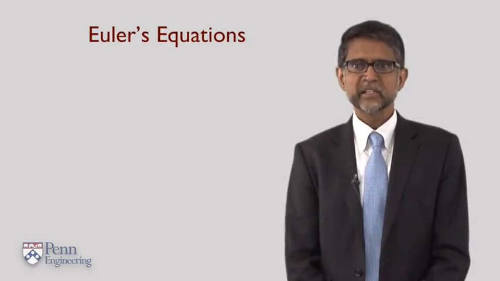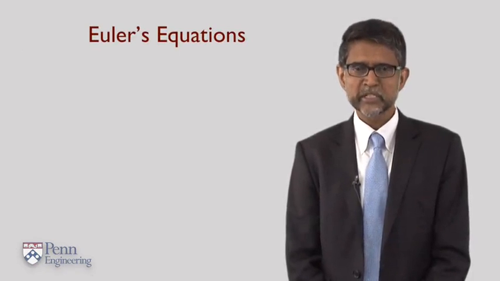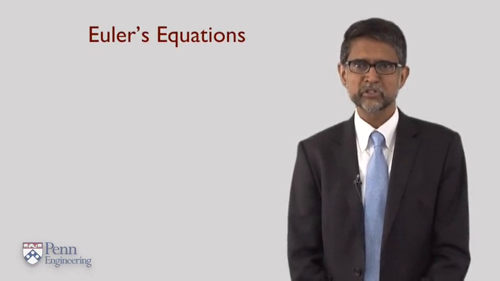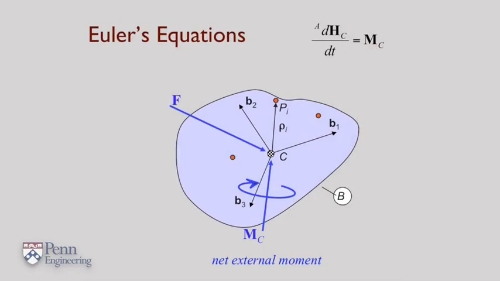Now we're ready to deal with Euler's equations, which will tell us the rotational equations of motion. Again, it comes down to this basic observation. The rate of change of angular momentum is equal to the net moment applied on the rigid body. We take C, the center of mass, as the origin for all our calculations.